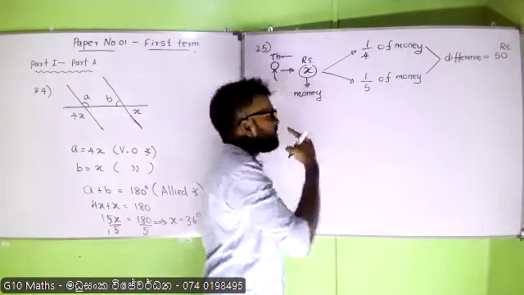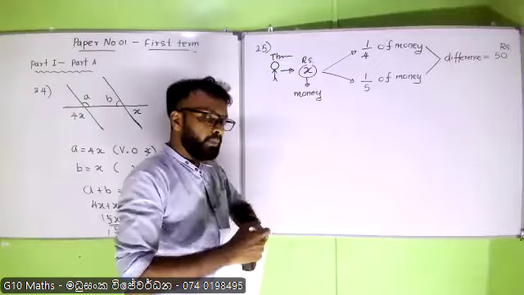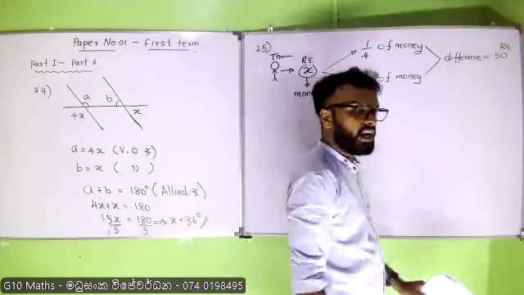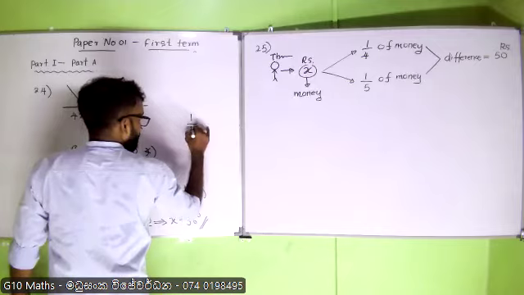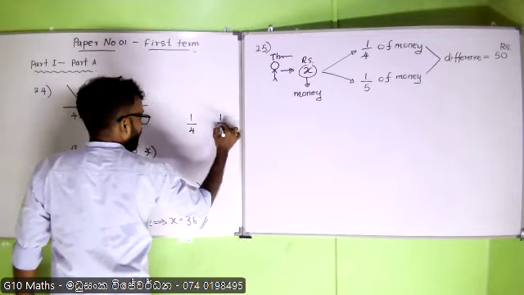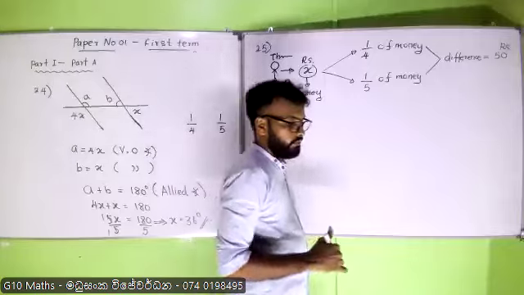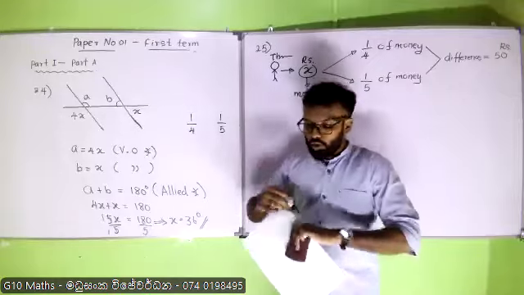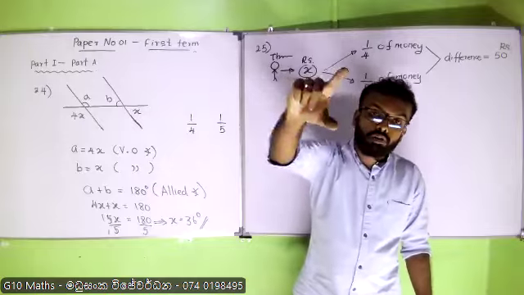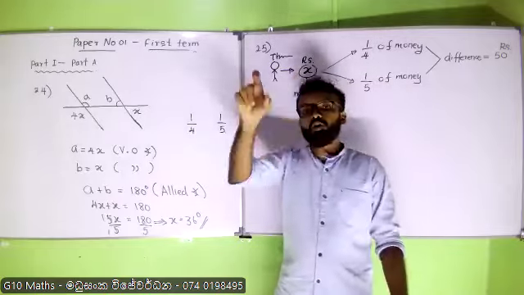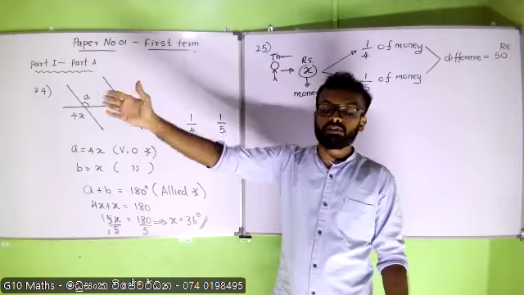Alright. So between 1/4 and 1/5, which is the biggest fraction? Can anyone tell me? Again, comparing the fractions. 1/4. Excellent. When you have equal numerators, how do you compare the denominators and choose which fraction is biggest and which is smallest?